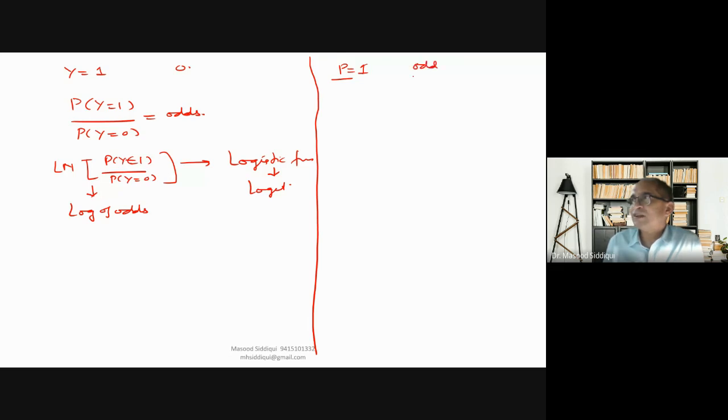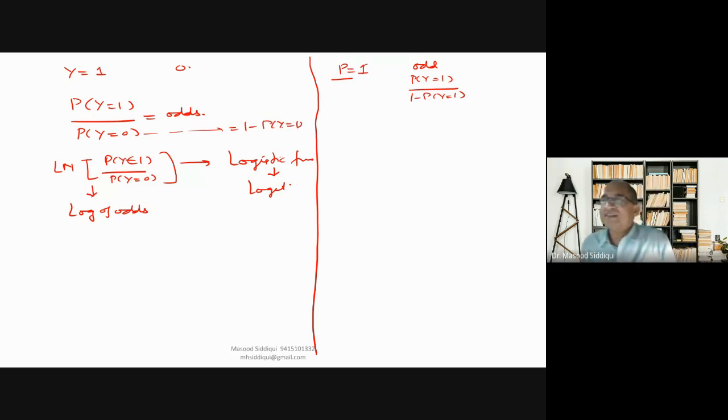What is odds? P(y=1) divided by 1 minus P(y=1), because P(0) is equal to 1 minus P(y=1). Either this is success or failure, so the probability of failure is 1 minus success. And the third one is logit. Logit is the log of odds.